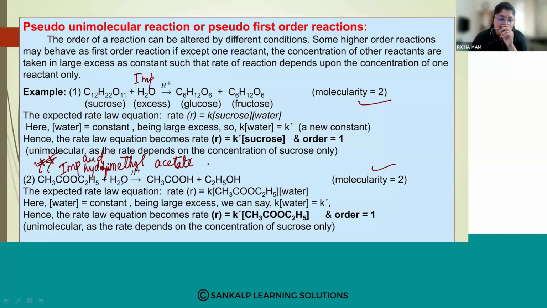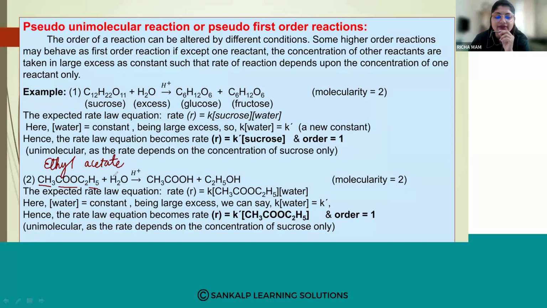Hydrolysis means we are adding water, in the presence of acid, so that is the meaning of acid hydrolysis. The compound is CH3COOC2H5. This is ethyl acetate. So this is the acid hydrolysis of ethyl acetate.